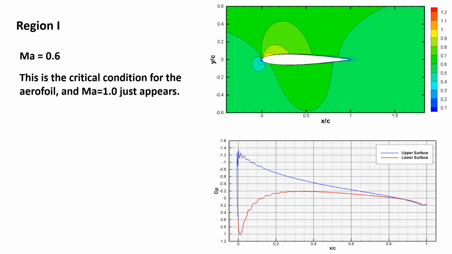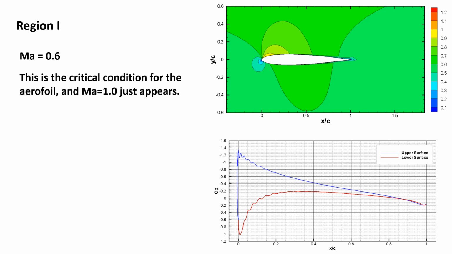If we pay attention to the lower plot of the CP distribution and look at the CP axis, namely the vertical axis, you can see it's inverted. We have negative above and positive below, and this inversion is made to show the CP curve of the upper surface at the top and the lower surface at the bottom.